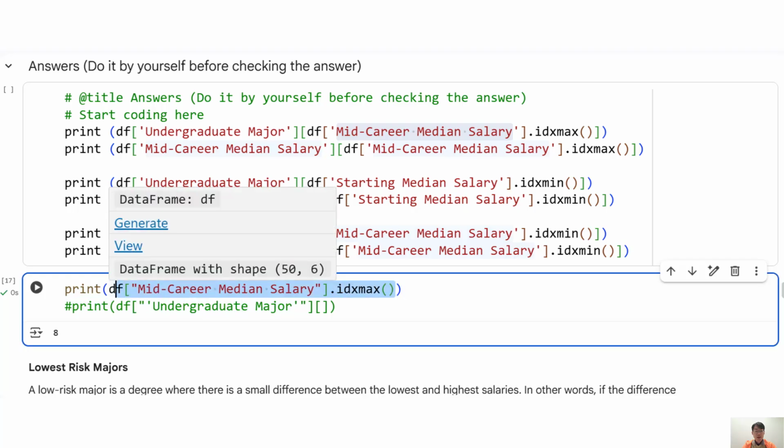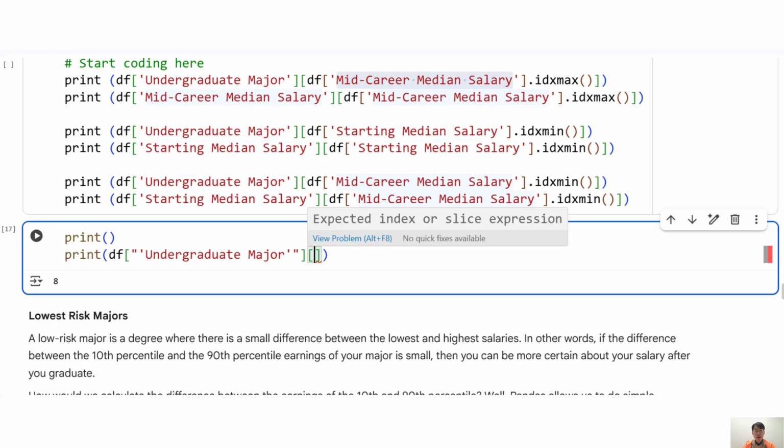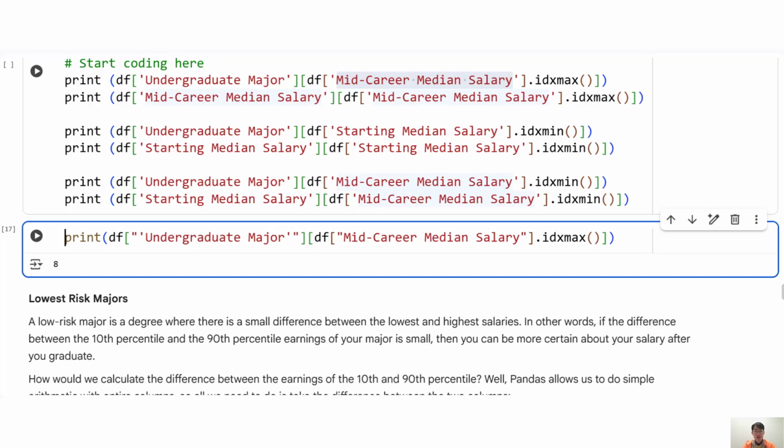If this line of code returns 8, why don't I just put the whole line of code here? Because this is the place where I'm going to put the number, the location where there is the highest mid-career median salary. So I just put it here. And this line of code is this one.